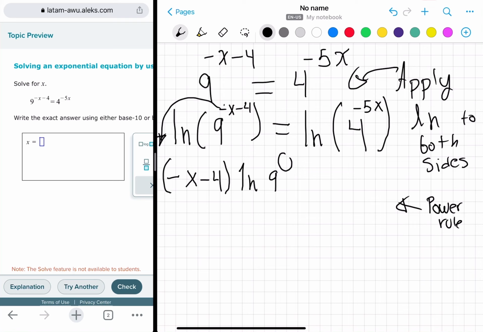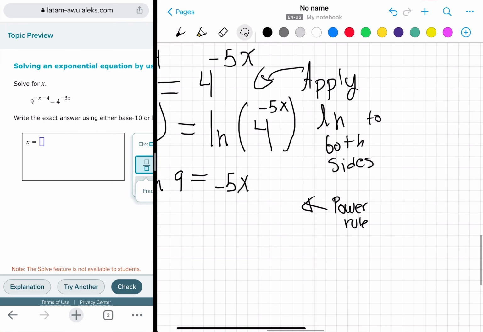And I no longer have anything here because I put it down, just like that. Okay. And that is equal to the same. I will take this number down to this side because of the power rule. That is the power rule. So I will end up with minus 5x.